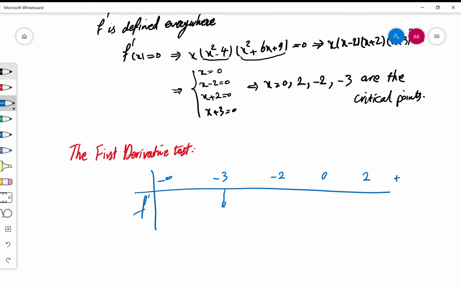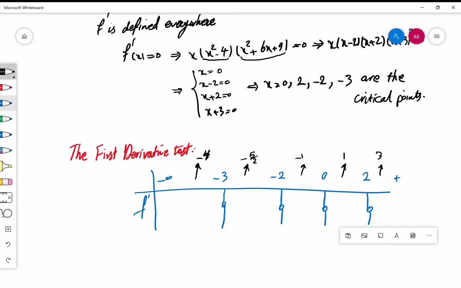And at those points, f prime is 0. And now we want some sample points. Here I can choose negative 4, negative 2.5 or negative 5 over 2, then negative 1, 1, and then 3, and that's it.